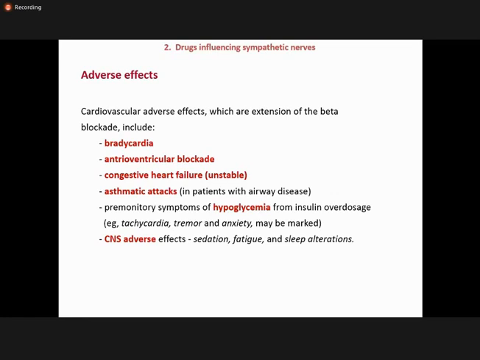I am repeating the normal function: stimulation of beta 2 receptors induces glycogenolysis, so it produces hyperglycemia. When we block this receptor, it will produce the opposite effect, hypoglycemia. So it may create a problem in a diabetic patient, because the patient is already taking an anti-diabetic drug which controls the sugar level. If we use a beta blocker, it will further reduce the sugar level, so it may produce a hypoglycemic state, right?